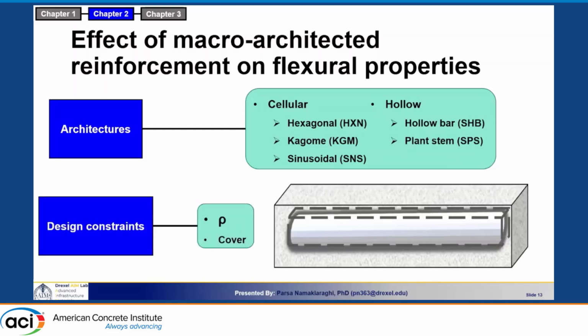So we had some design constraints to keep everything consistent throughout. So we kept the cover of our reinforcement consistent and also the reinforcement ratio. And we just wanted to study how these different architectures can help or change the overall flexural behavior.